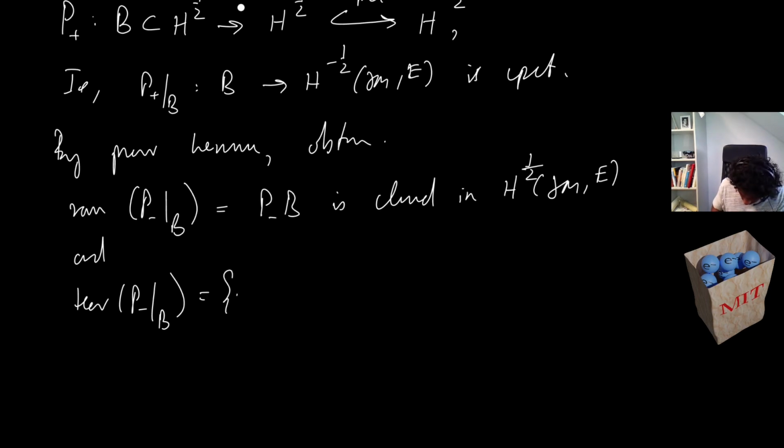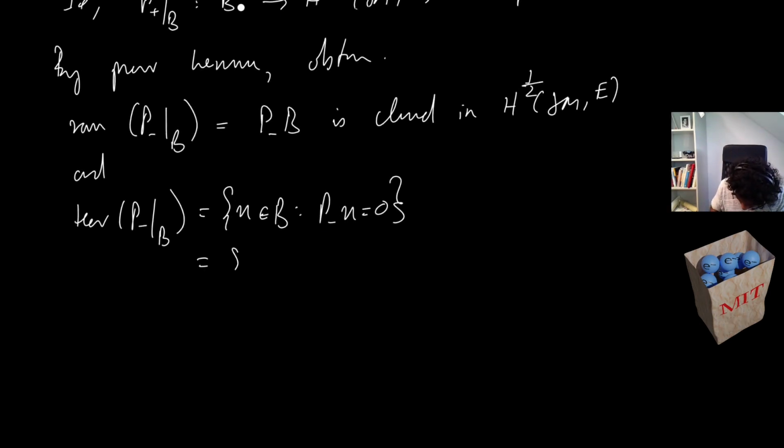This is the U in B such that P minus of U is 0, and that's exactly equal to the U in B such that P plus of U equals U. So U in P plus of L2 of ∂ME, right?